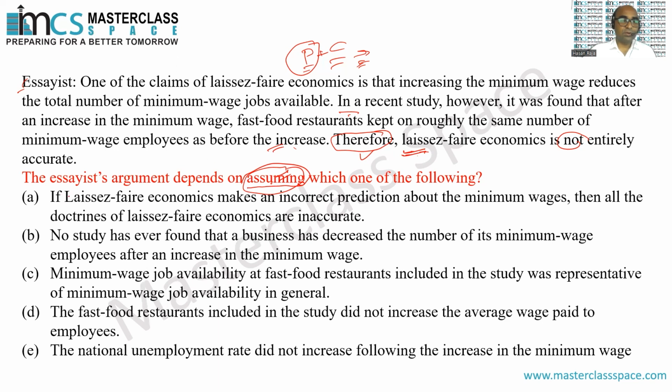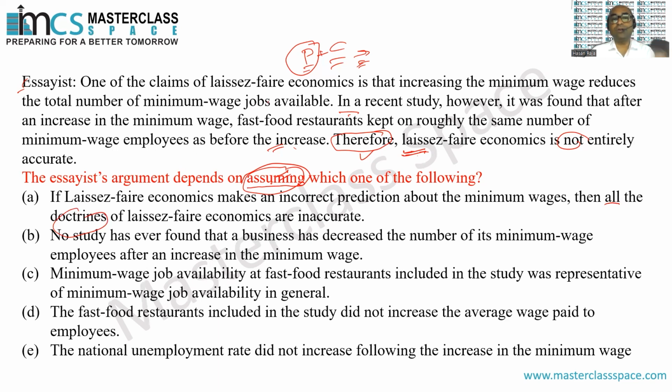Now, option A: If laissez-faire economics makes an incorrect prediction about the minimum wage, then all the doctrines of laissez-faire economics are inaccurate. So all the doctrines means what? We are talking about everything. So this includes more than the passage, right?